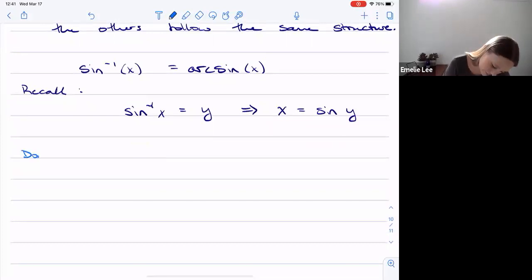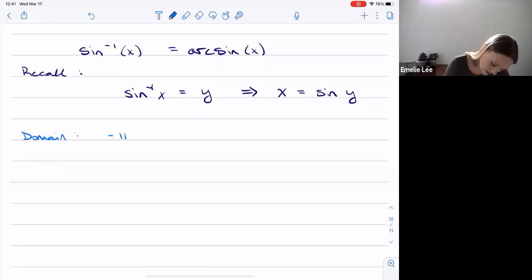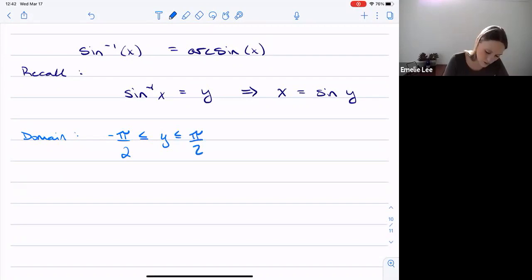The domain is from negative pi over 2, so this is for your y's, to positive pi over 2. But we won't focus on the domain.